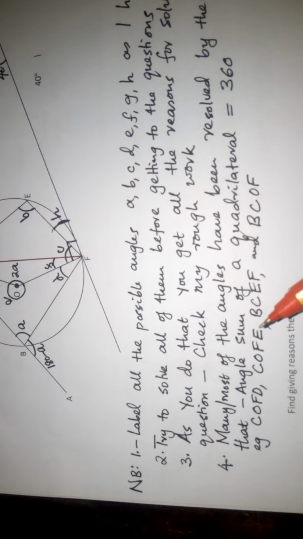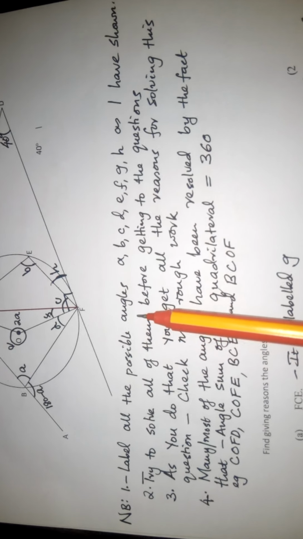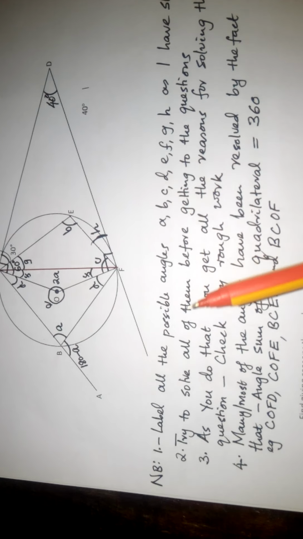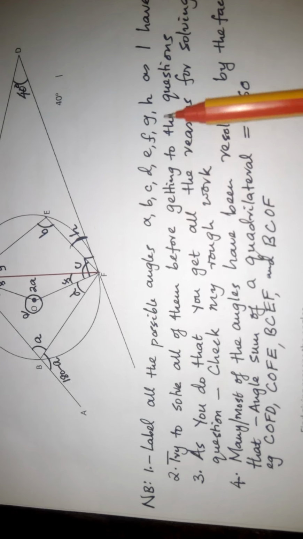I want to draw your attention to the following points before we respond to this question. One, just label all the possible angles you can. For example, the way I've labeled them, A, B, C, D, E, F, G, H. So that now you can even try to solve the angles before you look at the questions. Number 2, try to solve all of them before getting to the questions.